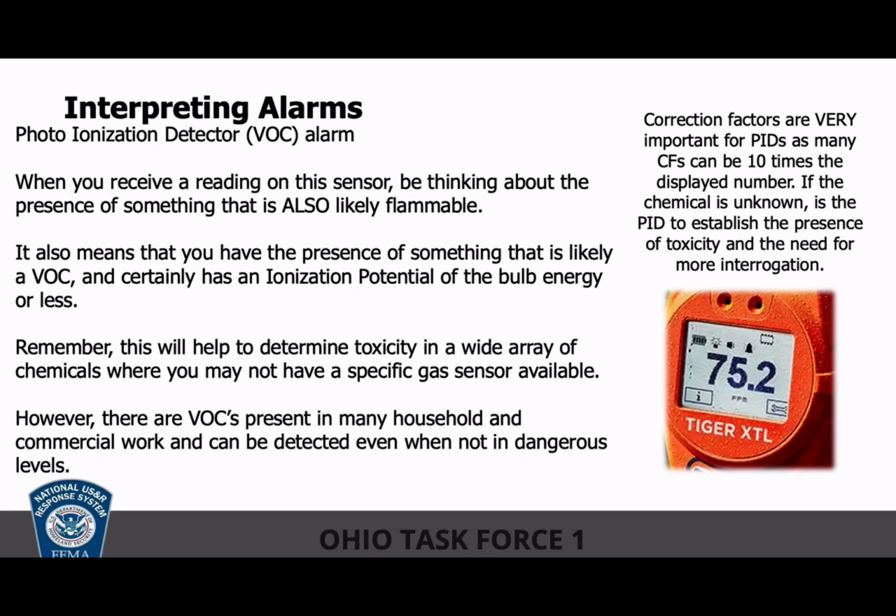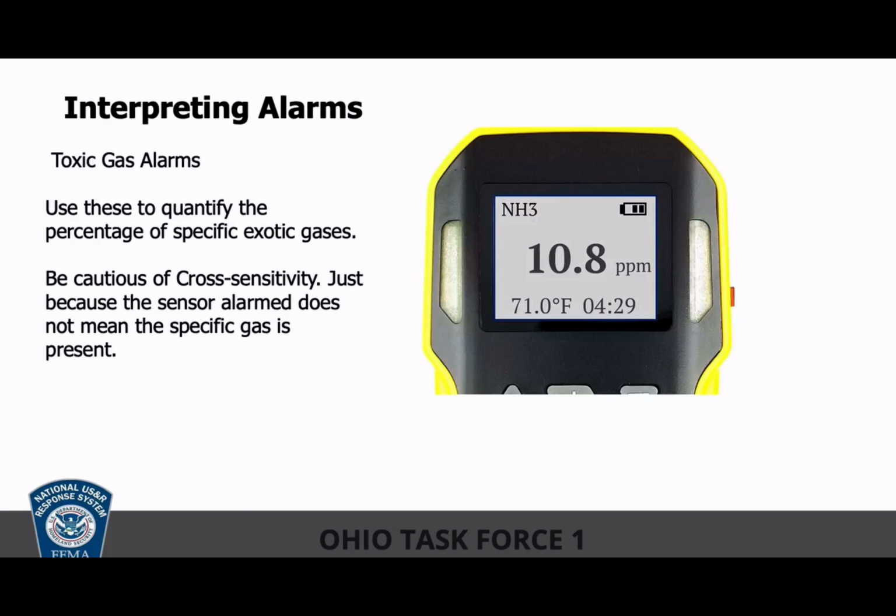So if you can't establish what the substance is, you can't use the PID to accurately quantify the environment. You can use the PID to accurately qualify that you have something that is off-gassing or volatile. It's likely carbon containing, and it's most likely a compound. And we know it has an ionization potential of 10.6 or less, or whatever your bulb voltage is.